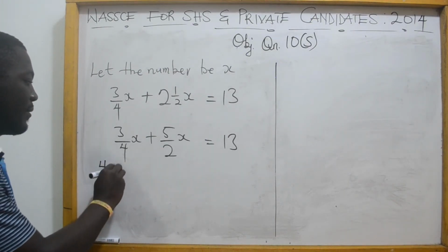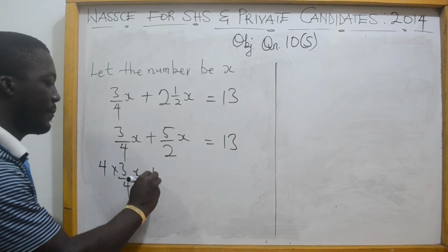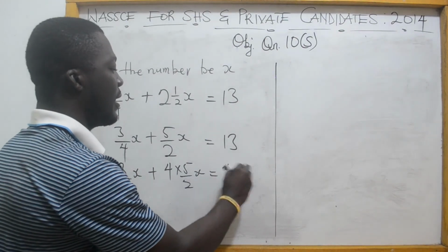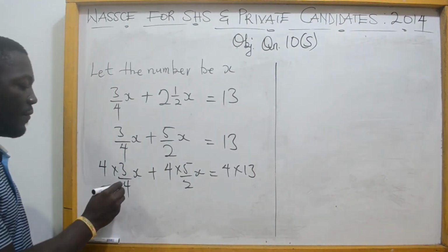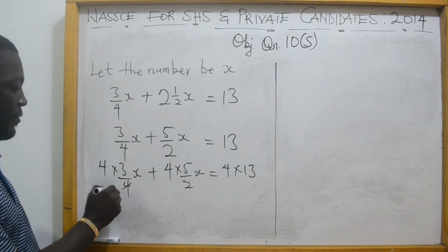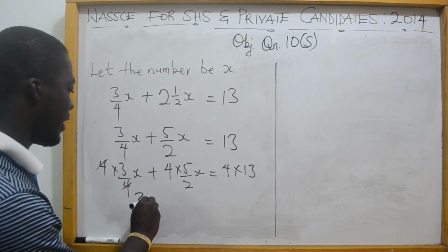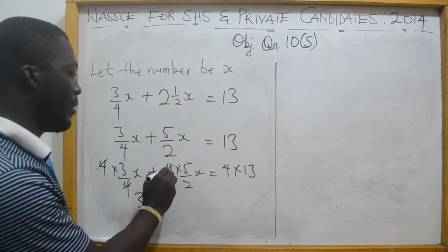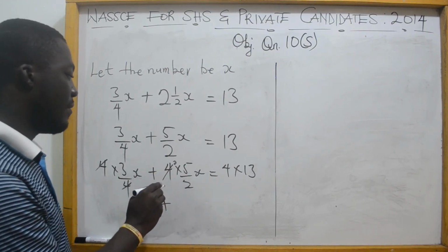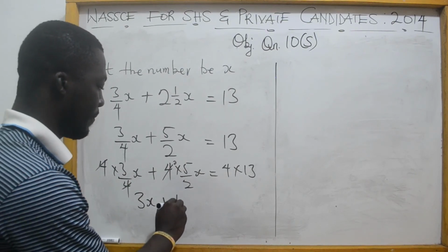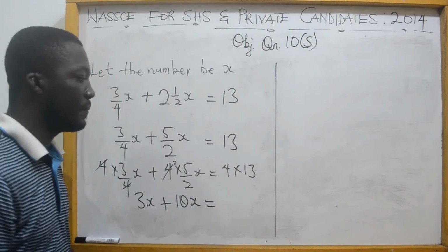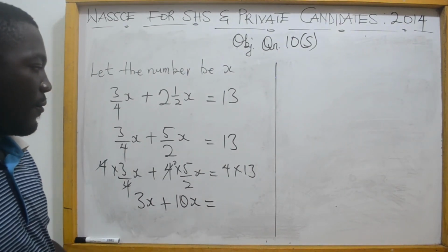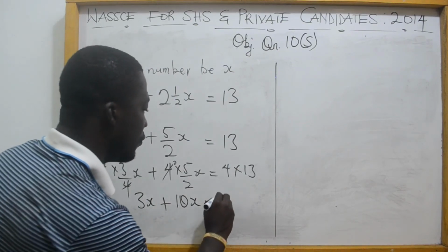So 4 times 3/4 x + 4 times 5/2 x = 4 times 13. 4 will cancel 4. Then we have 3x plus, 2 into 4 is 2, 2 times 5x will give us 10x = 13 times 4. We are going to get 52.